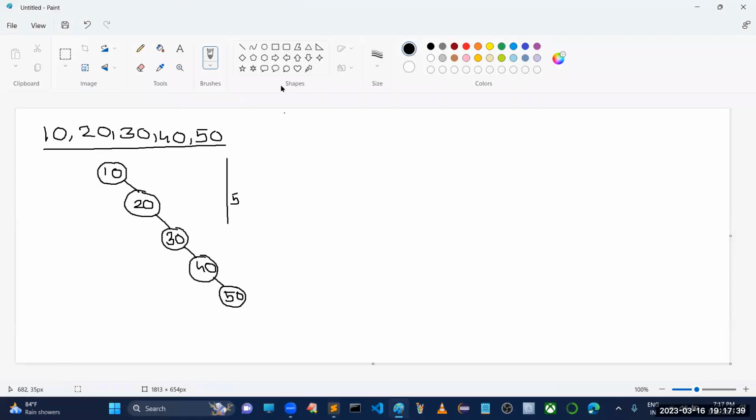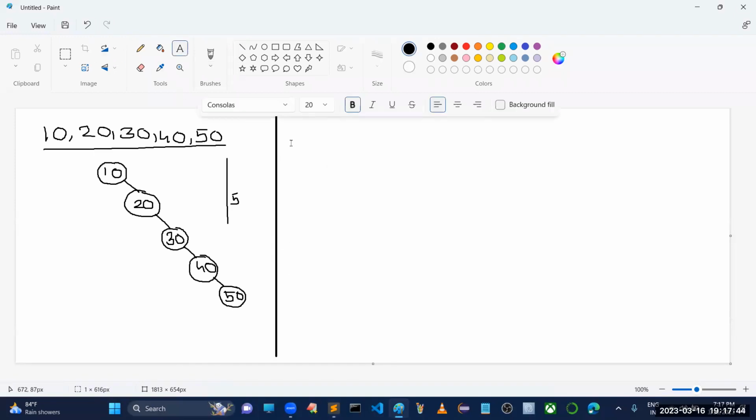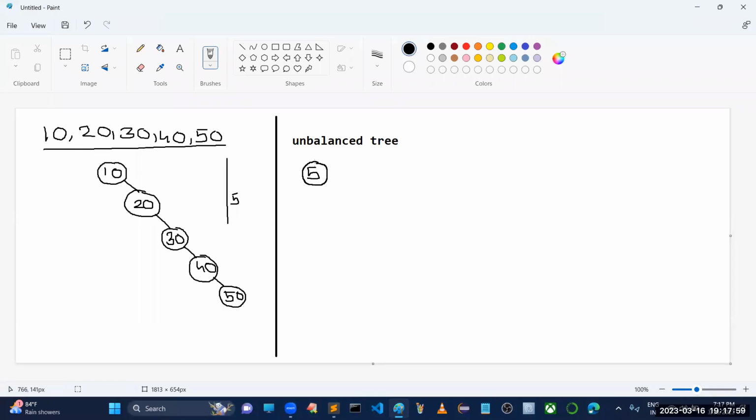Now, I want to take two examples. The first example is an unbalanced tree that I want to draw. Let me take one simple example. I have node 5. For this, the left subtree is not there.